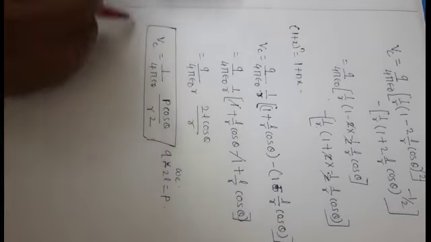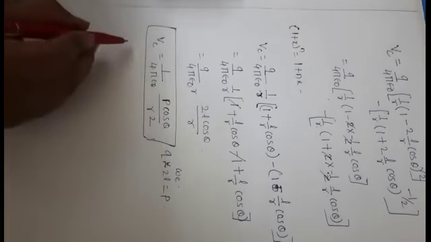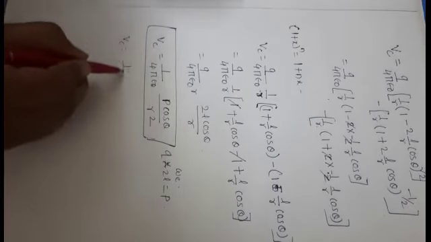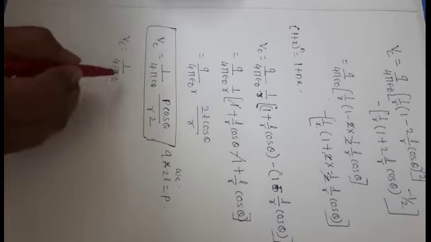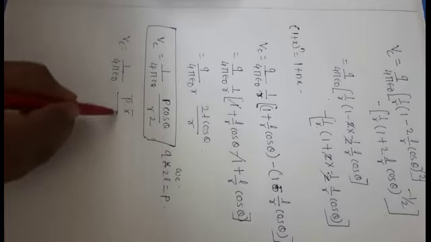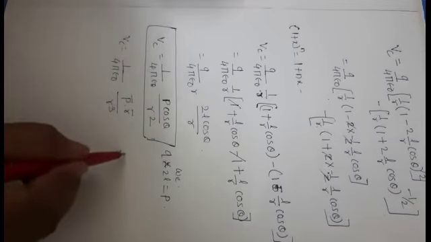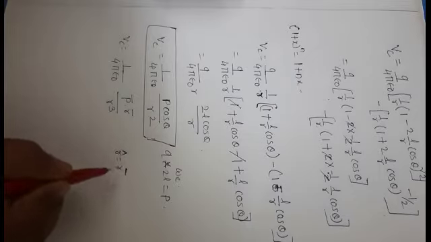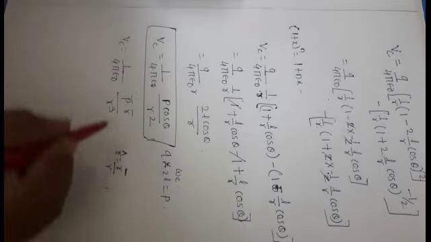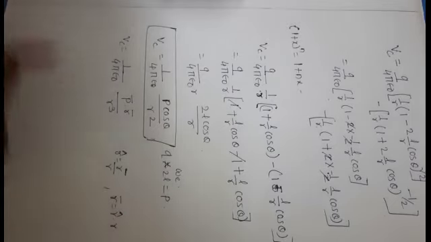Then this equation can be written in another form. Vc is equal to 1 upon 4 pi epsilon 0 times P bar dot r bar upon r cubed, where r cap is r bar upon r, meaning r bar is equal to r cap into r.